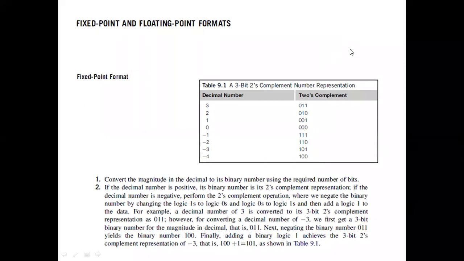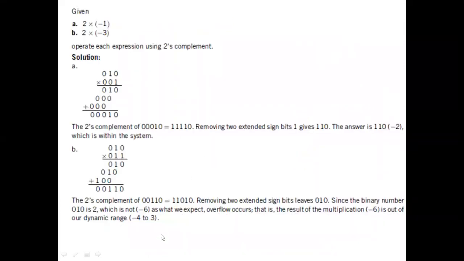Okay, let us continue. So what can possibly go wrong? Here are the two situations: 2 into minus 1. When you are allocating 3 bits, the numbers can be 0 1 1 on one side, or 1 1 1 on the other side. Let us revisit the previous chart.